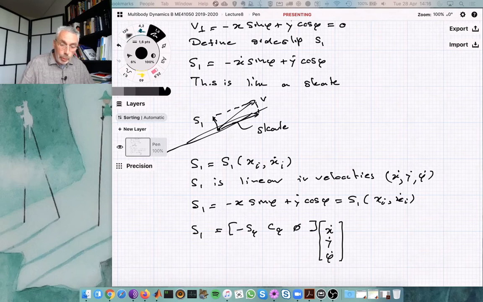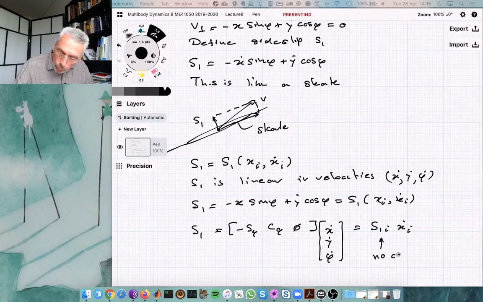So you could write this as a sort of Jacobian matrix, like S1i times x dot i. And note, there's no comma here. This Jacobian doesn't come from any differentiation, but because it's linear in the forward speed, I can write this linear equation as a matrix multiplication.